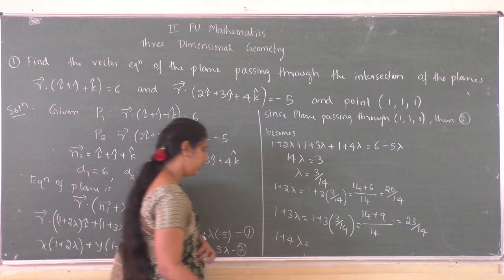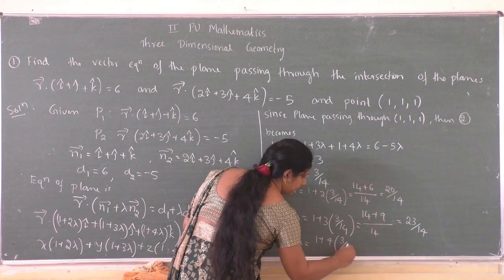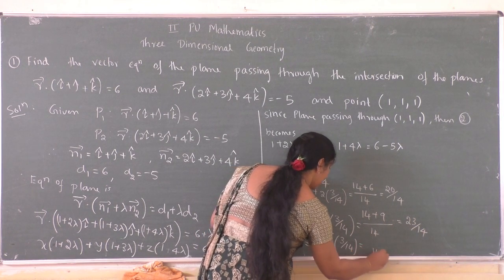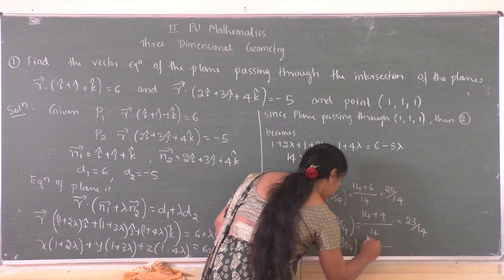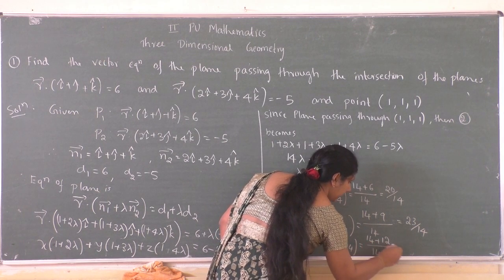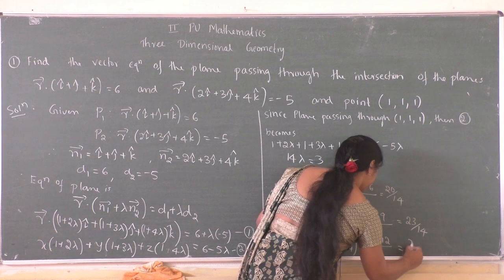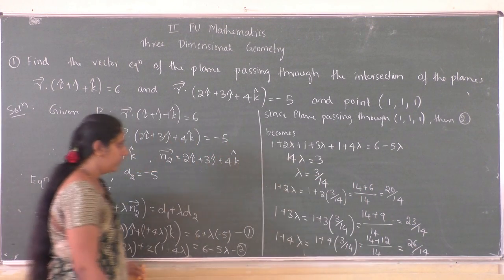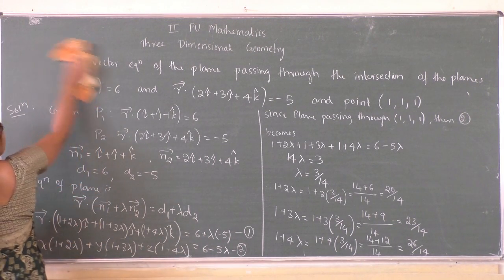This is 1 plus 4 into 3 by 14, that is, 14 is the common denominator. What about the numerator? 14 plus 12, that is 26 by 14.